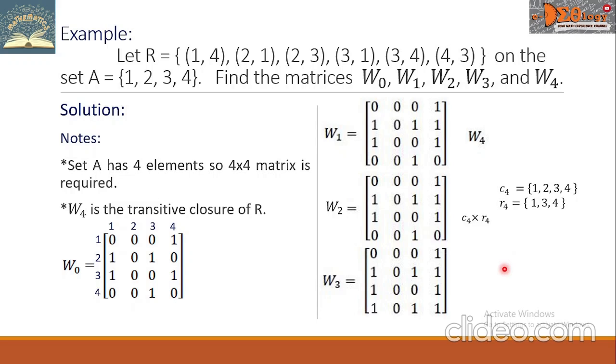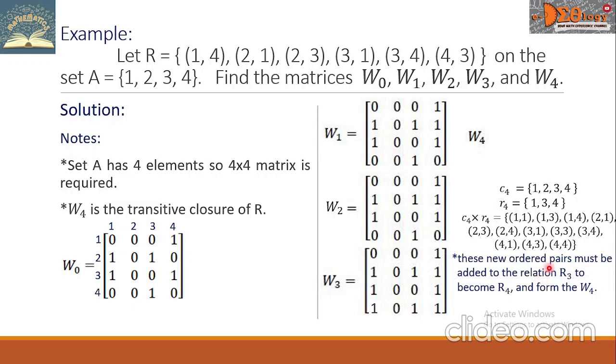Next step, we will do the Cartesian product C sub 4 times R sub 4. The elements are in here. These new ordered pairs must be added to the relation R sub 3 to become R sub 4, and then we will form the W sub 4.